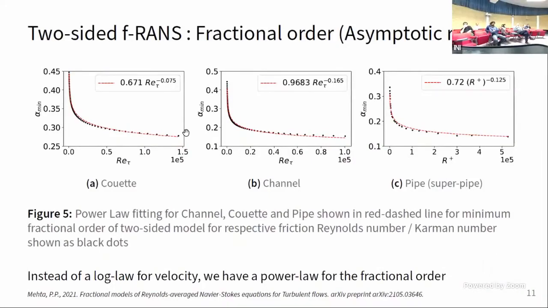u plus proportional to y plus. That's the viscous sublayer. Then there is a log region and there is a wake region. I talked about the wake too. We can decompose it as we do for the velocity.